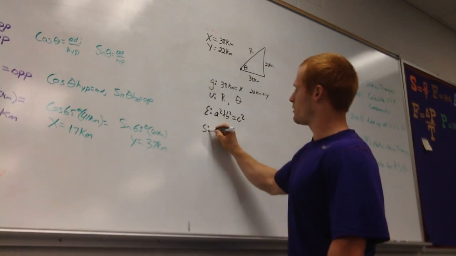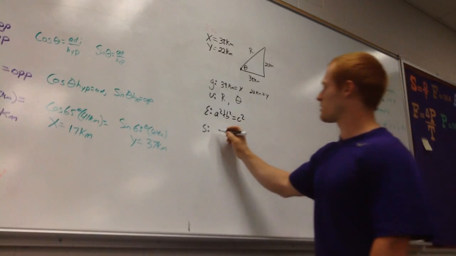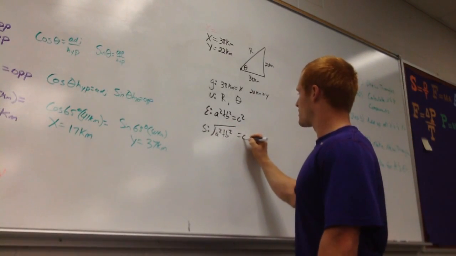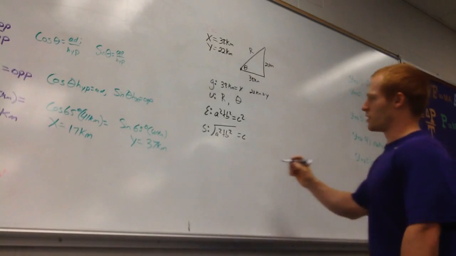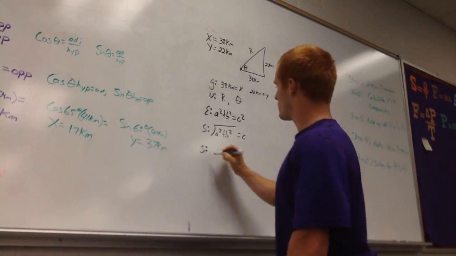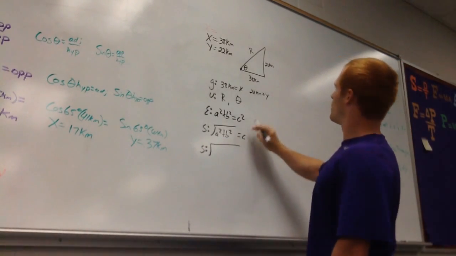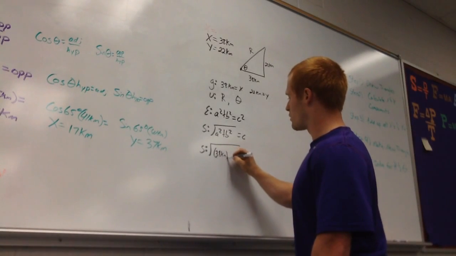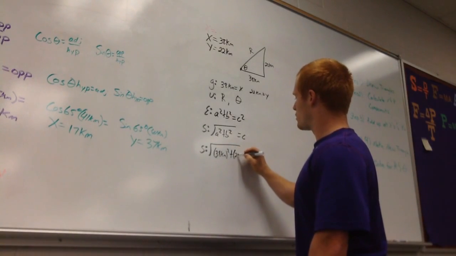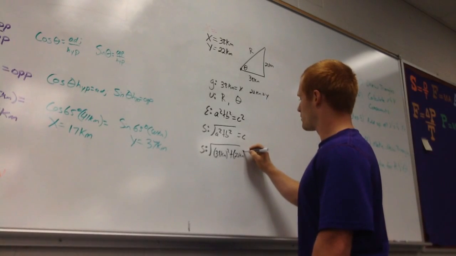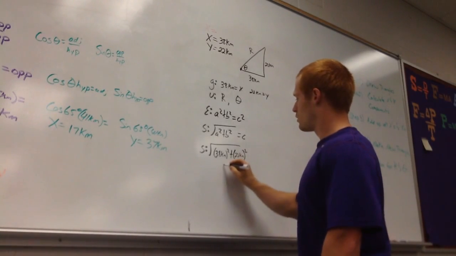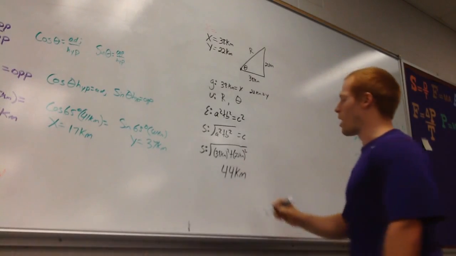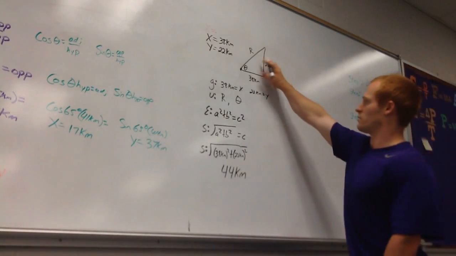To sort it, just square root both sides, so c equals the square root of a squared plus b squared. We're going to just plug in those values. It doesn't matter which one you use as a or b. 38 kilometers squared plus 22 kilometers squared, you're going to get 44 kilometers. So that is your hypotenuse, or resultant.